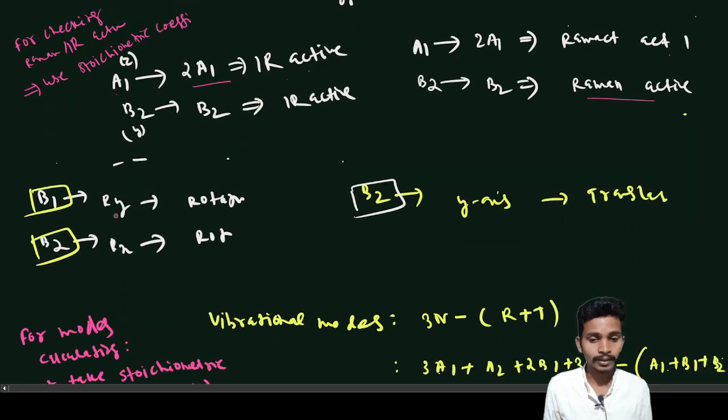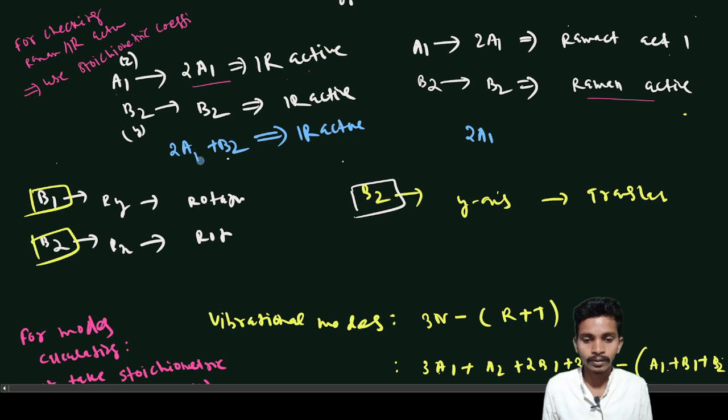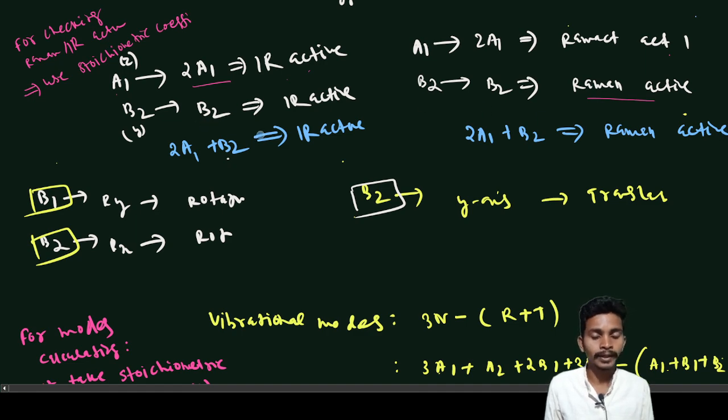So we can say here that 2A1 plus B2, these are IR active, and here also 2A1 plus B2, these are Raman active, because in both cases the x, y, z axis is there and the quadratic functions are there.